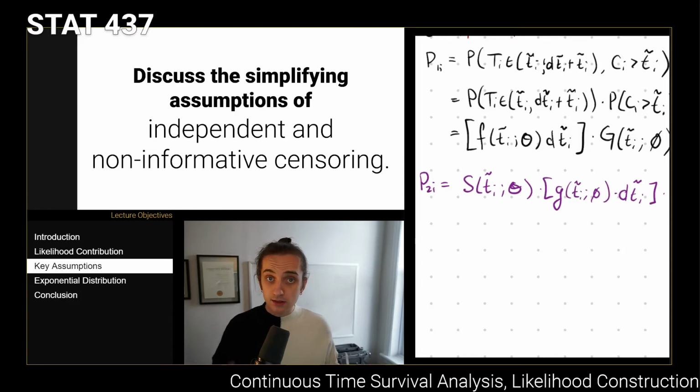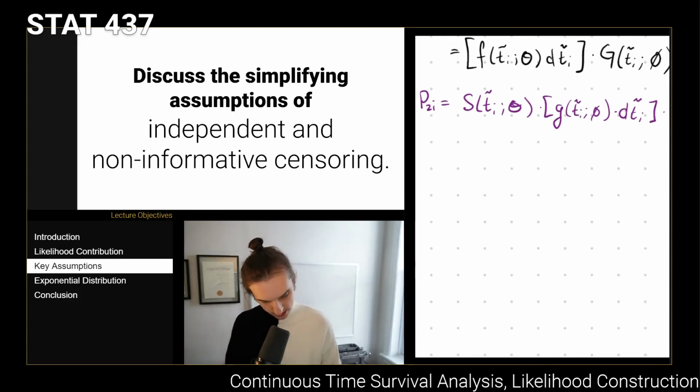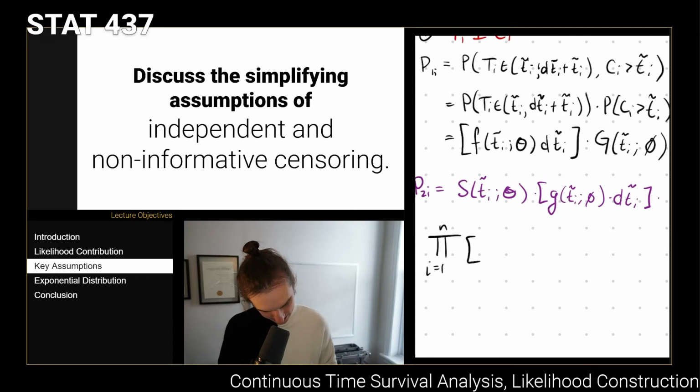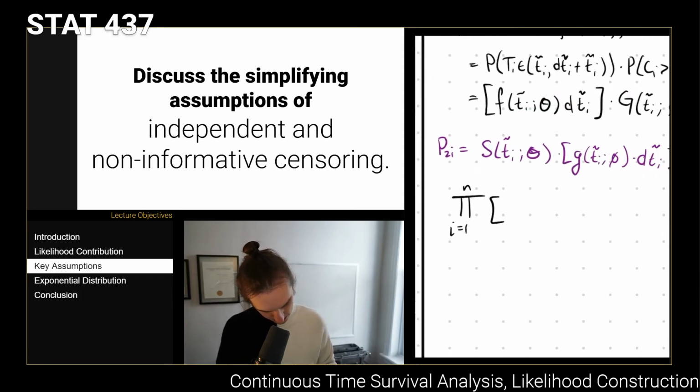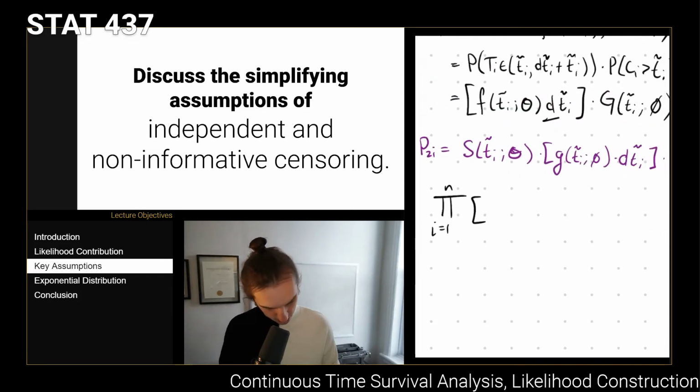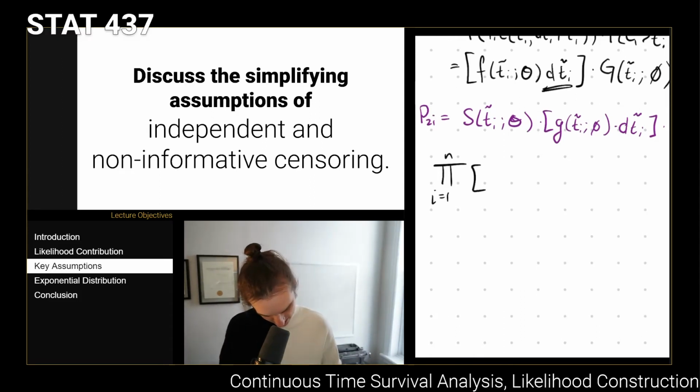Okay, and why do we like this? Well, now we can write out this likelihood as the product from i equals 1 to n. We can make the likelihood proportional to, and we can drop the infinitesimal because we're just looking at the proportionality constant. And so it's going to be the density here.